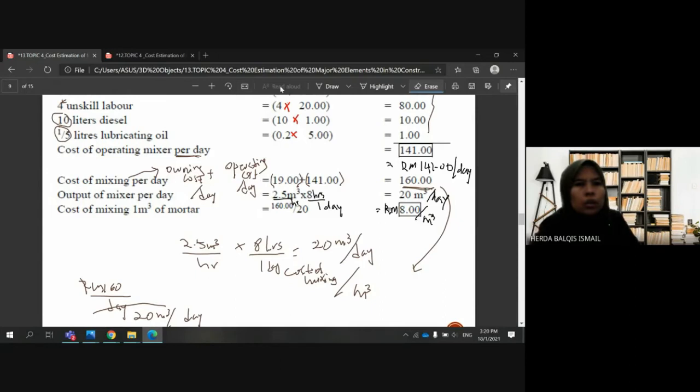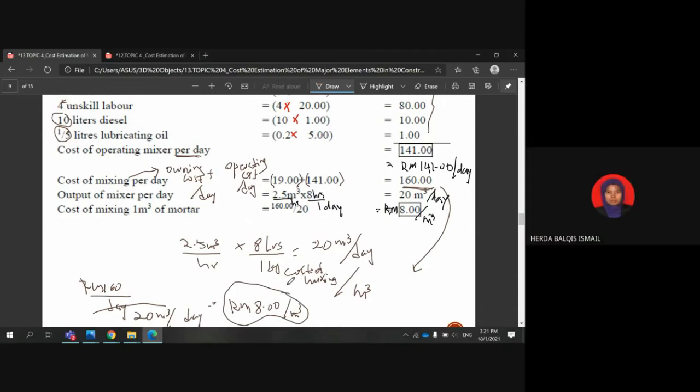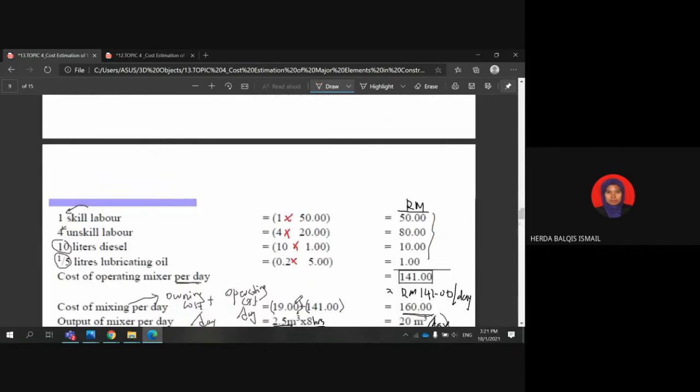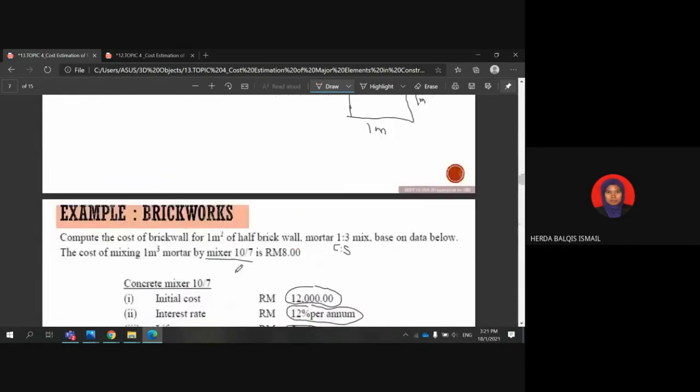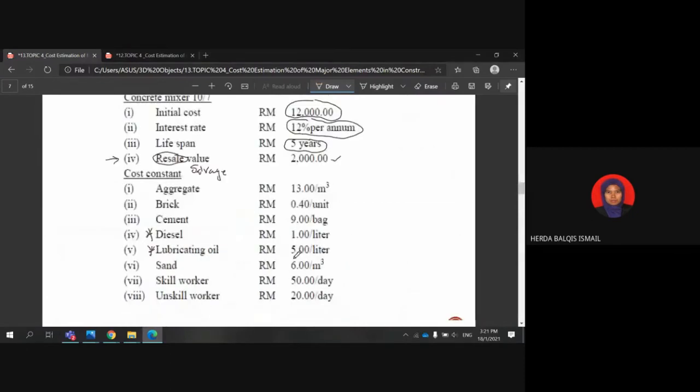So you get the value of 8 ringgit per cubic meter. So this is the mixing cost of the mortar for each cubic meter, same as what is given in the graphic. Mixing cost 8 ringgit.